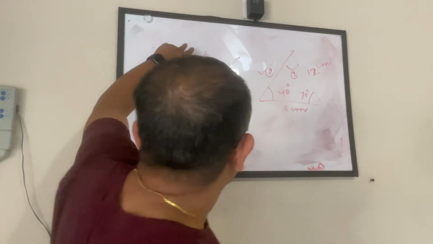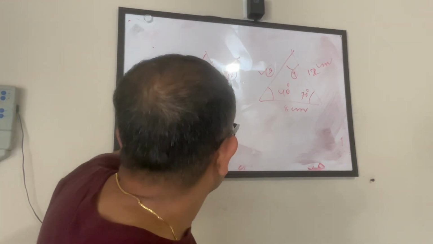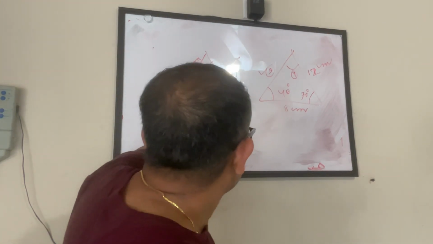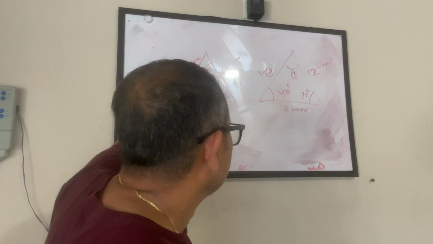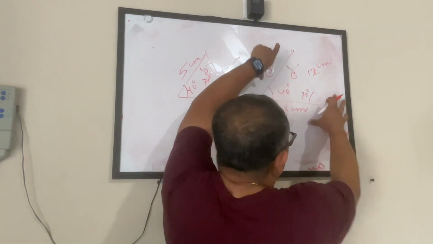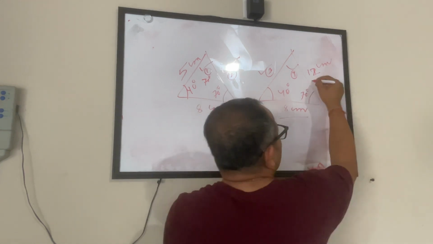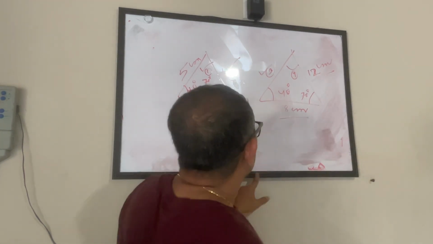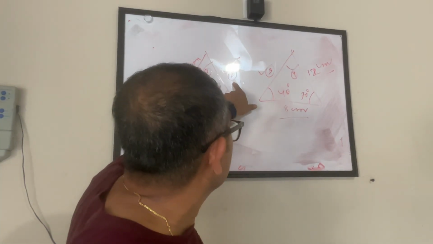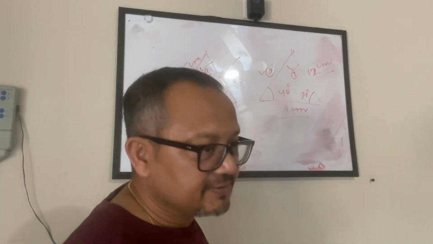So okay, this is 5, this is 8, this is 40, 70. You found this as 70 degrees. This is the second triangle where this is 40, 70, this is 8, and this is 12 centimeters. So I want you guys to tell me what is this 2 and what is 3.